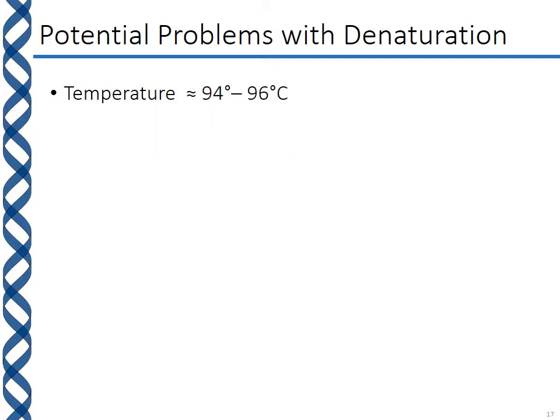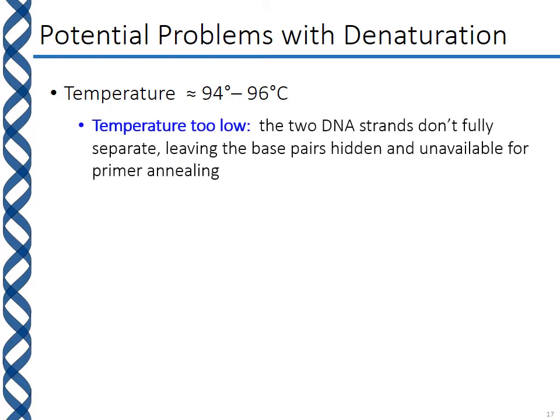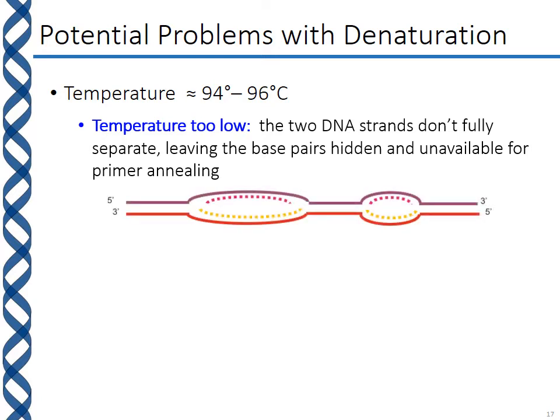To help understand the process of denaturation, let's take a look at some of the potential problems we could encounter. An ideal temperature for the denaturation stage is typically considered between 94 and 96 degrees, somewhere in that range. If the temperature is too low, the DNA strands won't be able to fully separate, and so what you'll end up with is partial separation, as in this diagram.